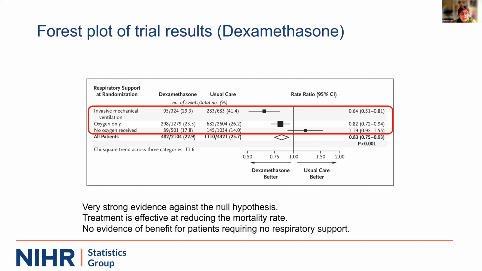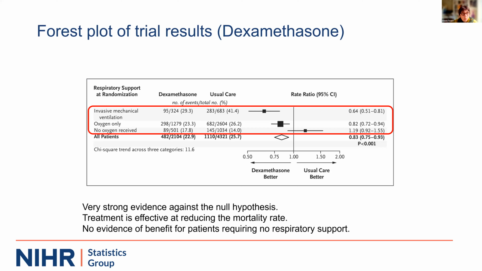For those who needed mechanical ventilation, there was a much stronger beneficial effect of dexamethasone. Even though the confidence intervals are quite wide, the effect size is about 0.6, so the whole range of values where we think the true value might lie are all in the very beneficial range. Those patients who did only require oxygen also seem to get a statistically significant benefit from this treatment.